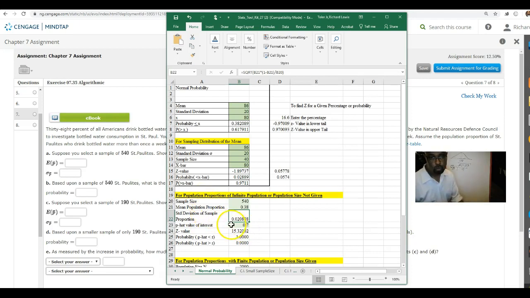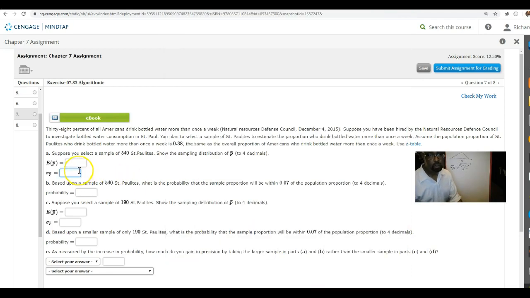So in this case, it is 0.0209, if we round that to 4 decimal places, which we were asked to do.